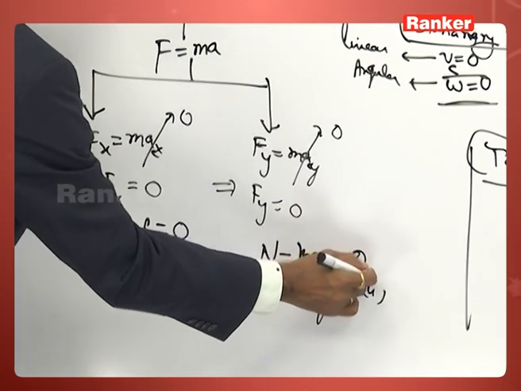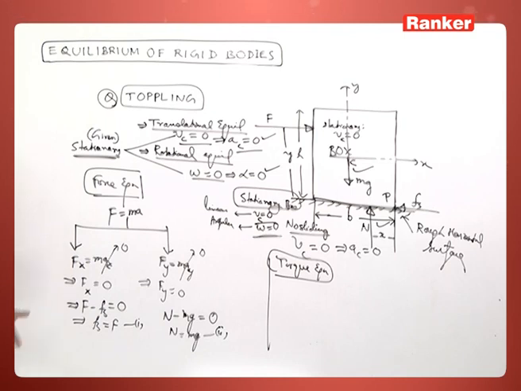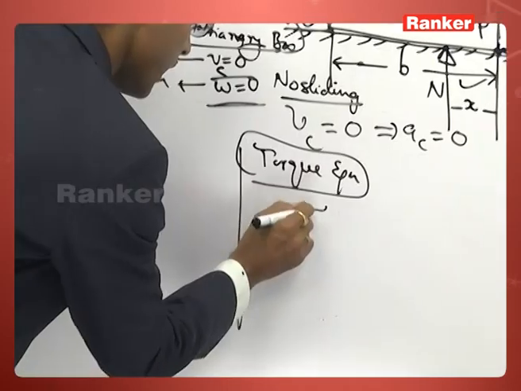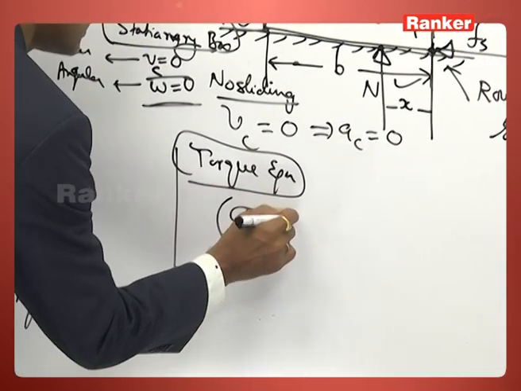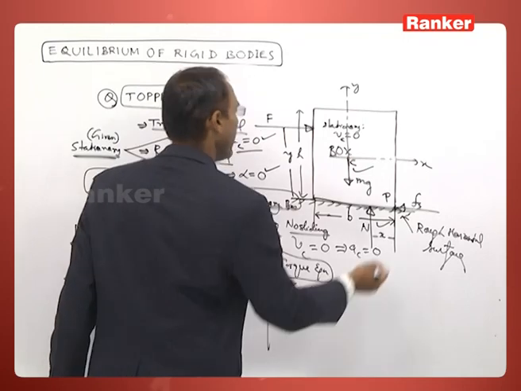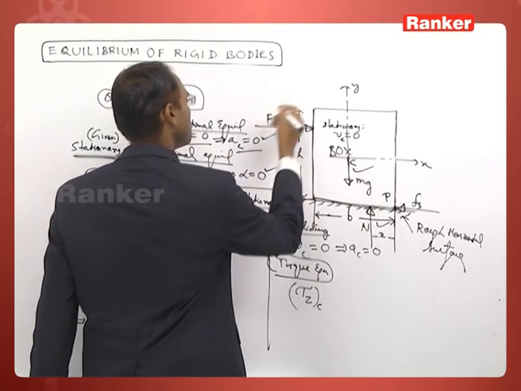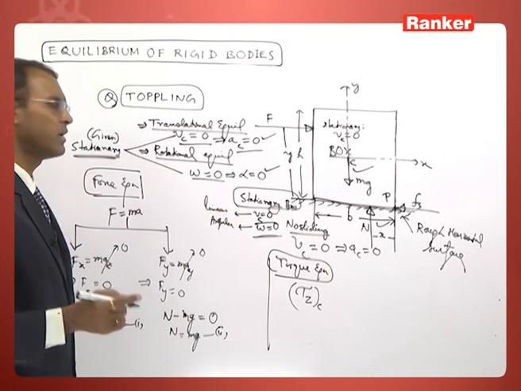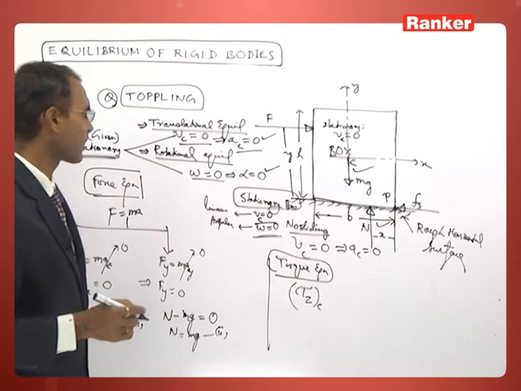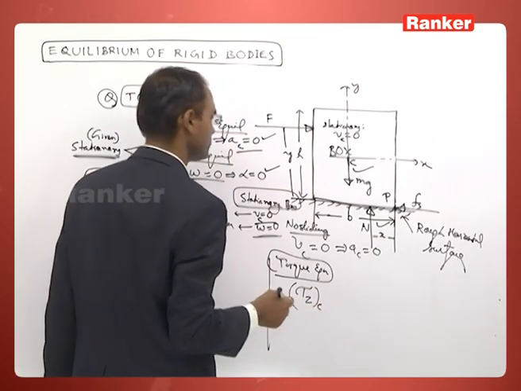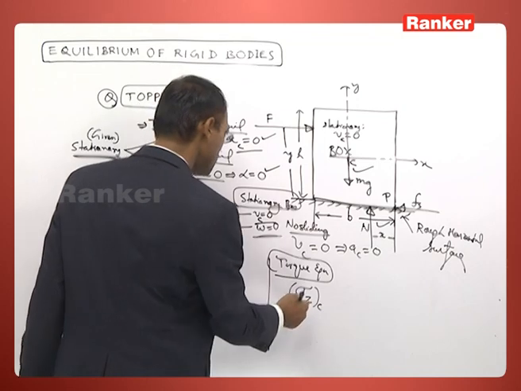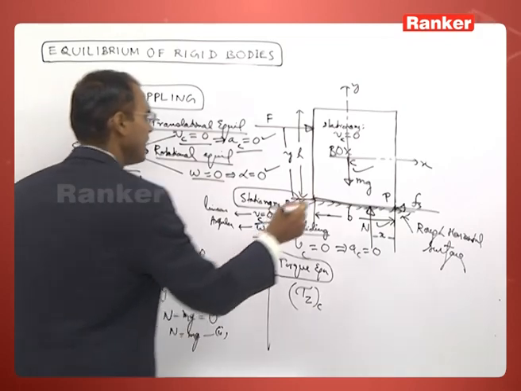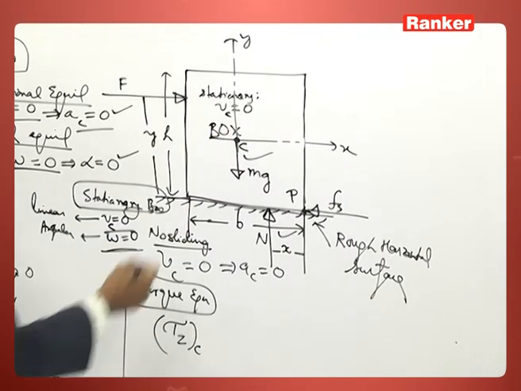Two force equations we are getting. Next, you have to write the torque equation about the z axis passing through the center of mass. You can choose this point, you can choose this point, you can choose any other point outside, as I talked about this matter in the last example. Let us choose the center of mass point. If you choose the center of mass point, the gravity cannot produce a torque about the center of mass.